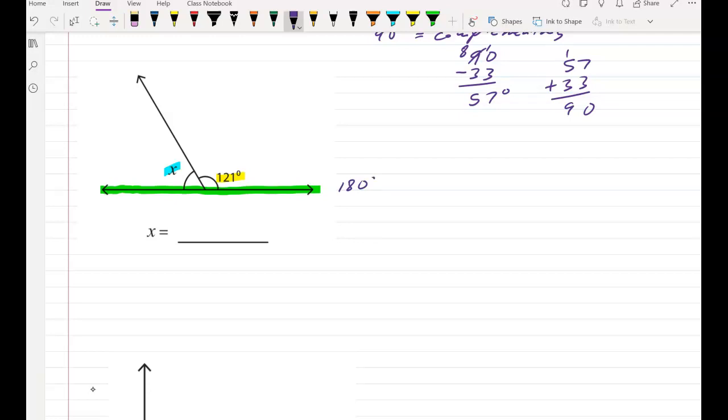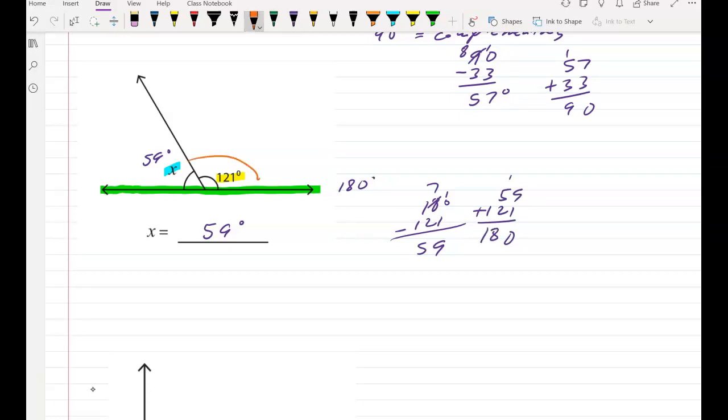So to find x, we take 180 minus 121, and that will be 59 degrees, because 59 plus 121 equals 180.